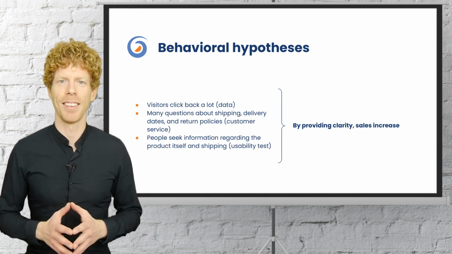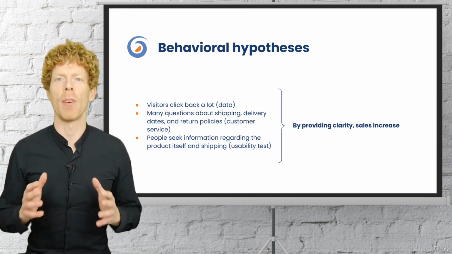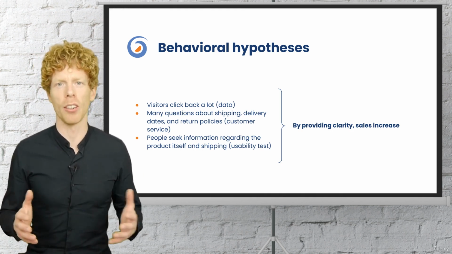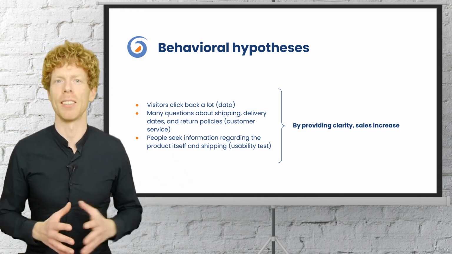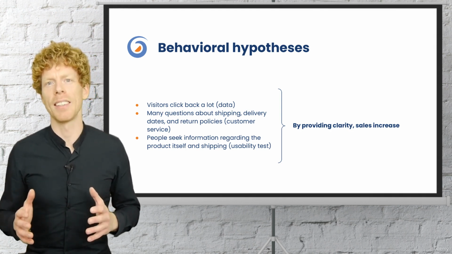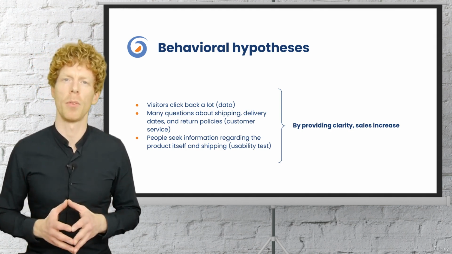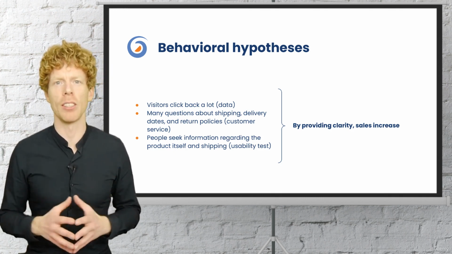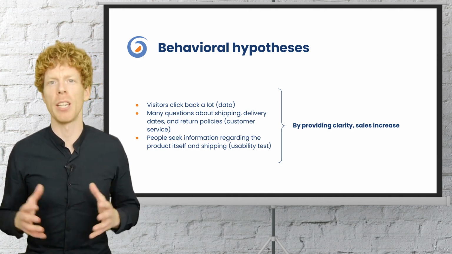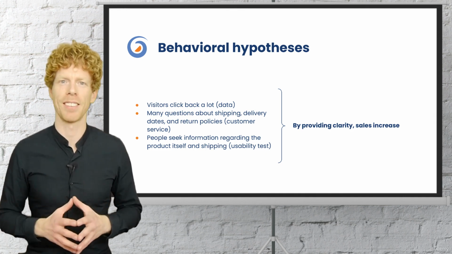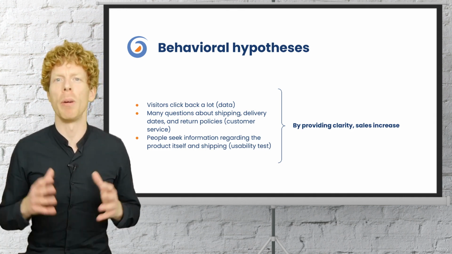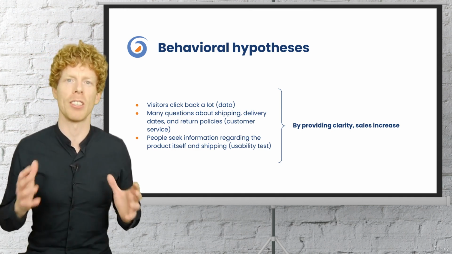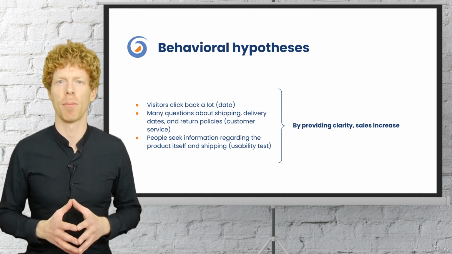In quantitative data, we found that visitors click back a lot, from the checkout to the cart and the cart to the product pages. This could indicate they are missing information. Furthermore, let's assume customer service gets many questions about shipping, delivery dates, and return policies. And let's assume that in usability tests, we saw people seek information regarding the product itself and shipping.